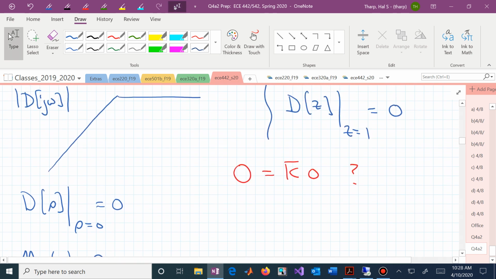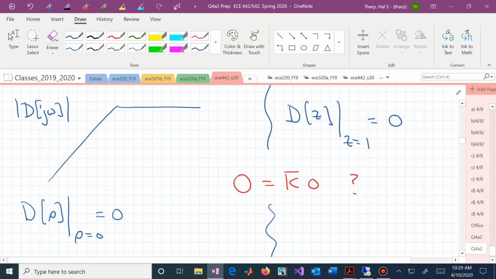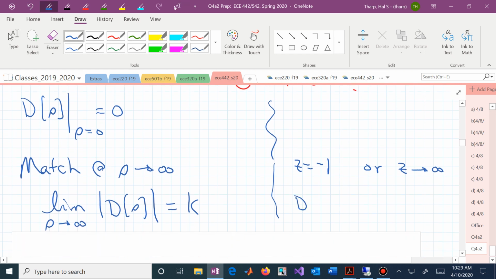And over here, you would then be looking either at z equal to minus 1, or you could, in fact, let z go to infinity and match either of those cases. That would be valid. Here, on the left, you would be looking at d of minus 1.